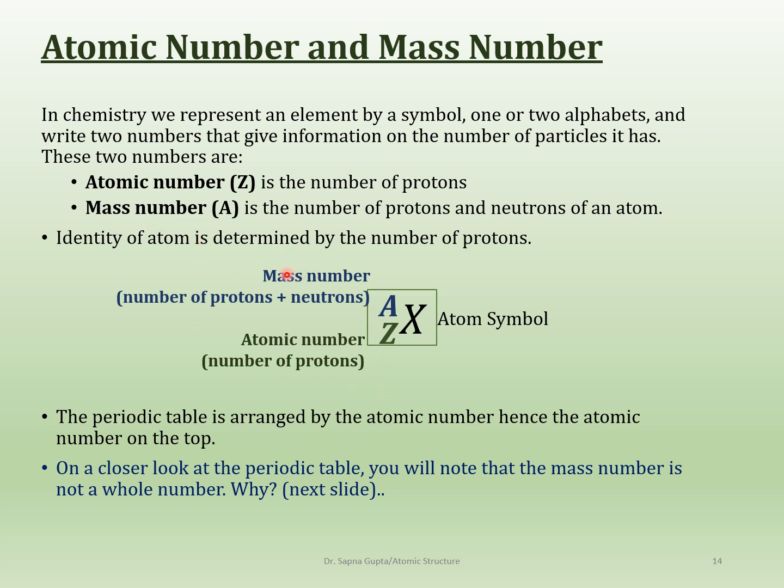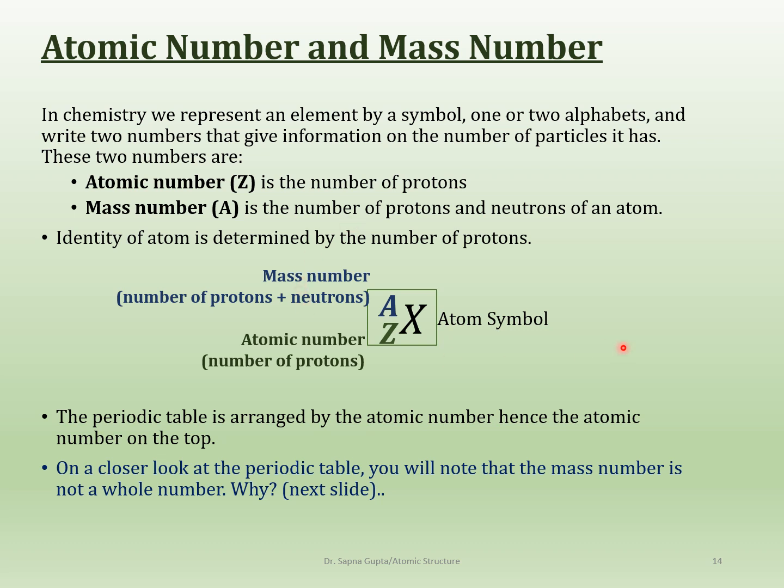So we have the mass number and the atomic number. In the next portion, we will talk about the periodic table, which is arranged by the atomic number, the number of protons. We will look at that pretty soon. These two numbers are really what identify the element.